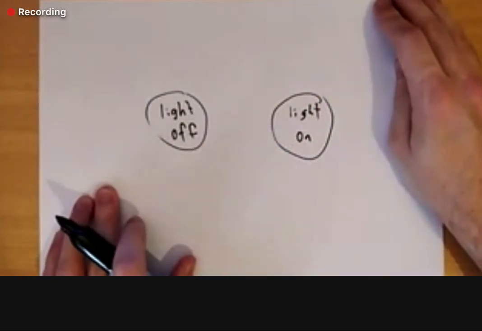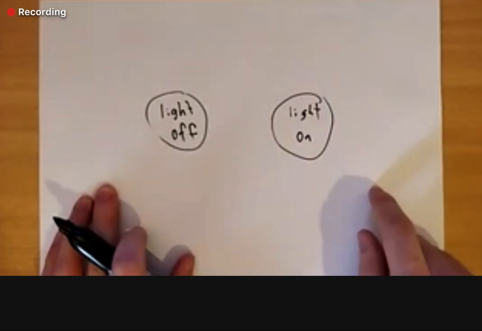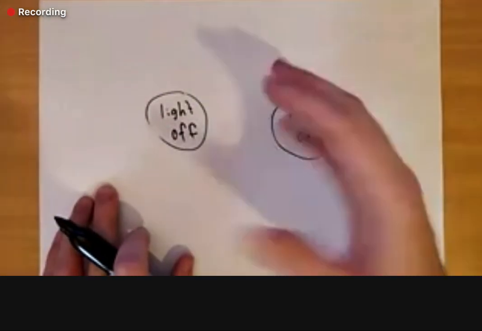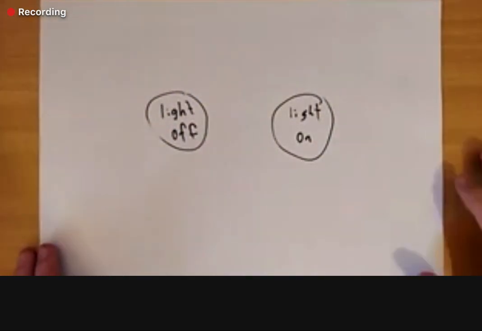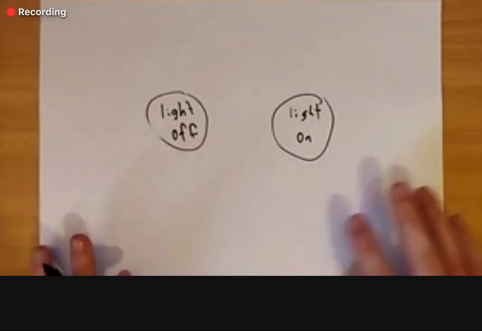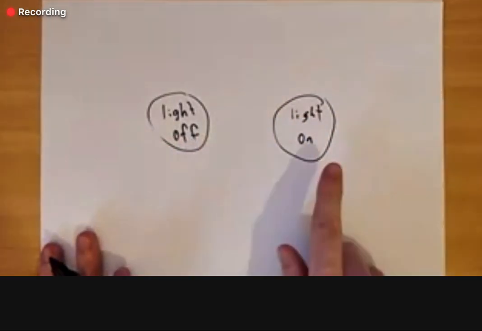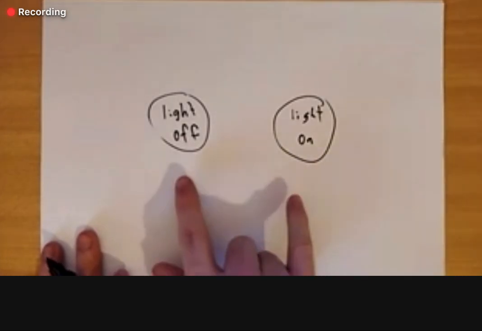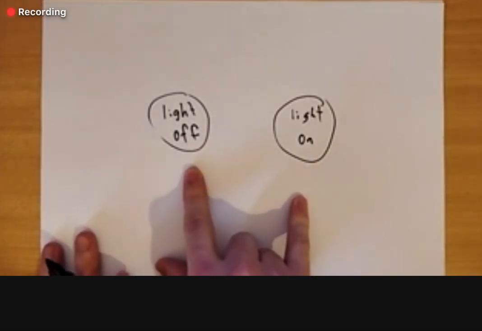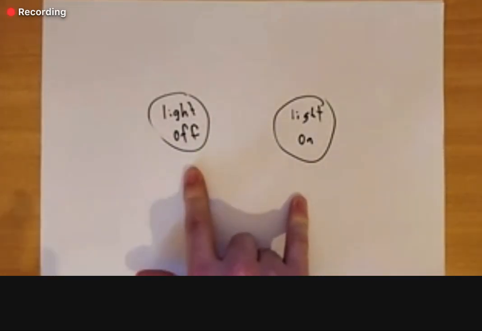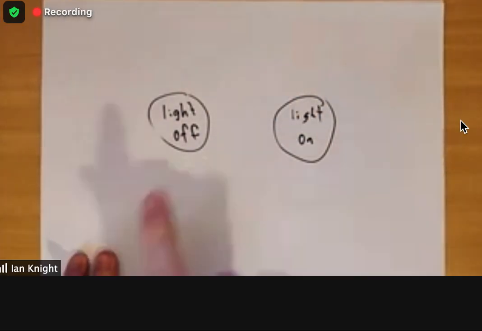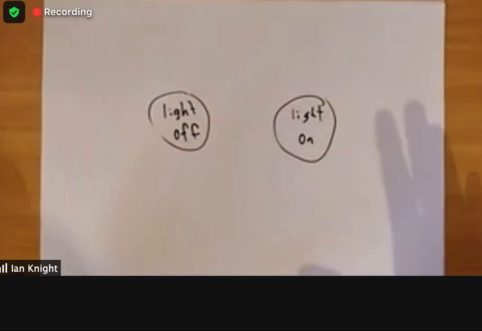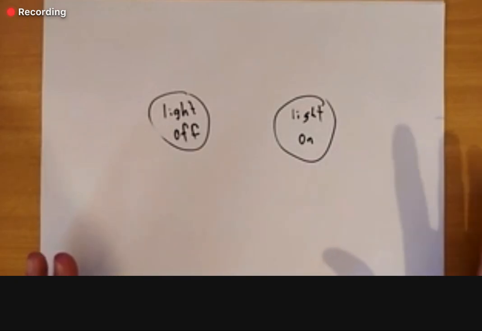The light is on. These are our two states. They can be squares or diamonds or whatever shape you like; we're going to use circles just to start with. Those are the two states that the system can be in, because either the light is off or the light is on. Those are our options, yeah?